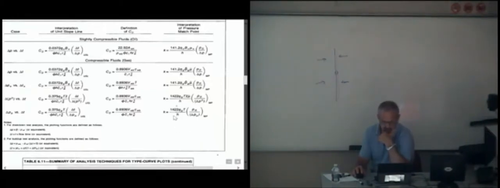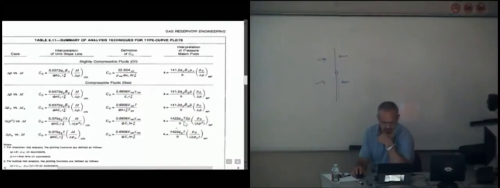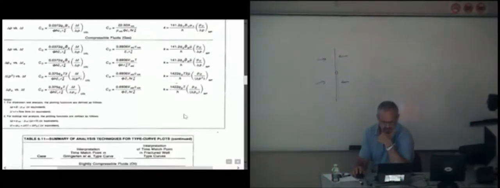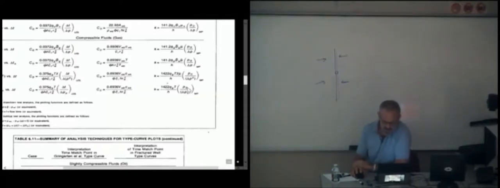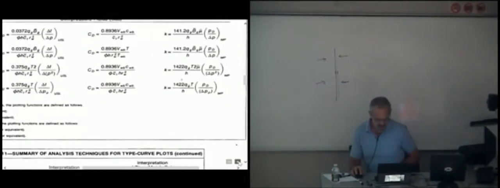Here's this one. I'm looking at the lower right in table 6.11. The lower right hand equation is for pseudopressure versus time. So here's perm, h, and we have, by trial and error, we'll work this both ways. Here's a way to get perm from our match point that we just got by trial and error.